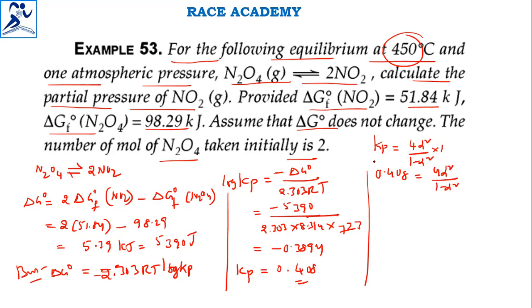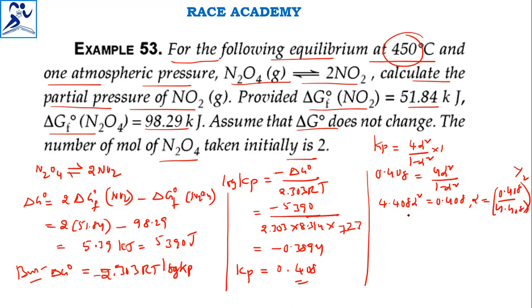Upon cross multiplication, you will get 4.408 alpha square equal to 0.408, and after taking the root, alpha will become equal to 0.408 by 4.408 whole power 1 by 2.